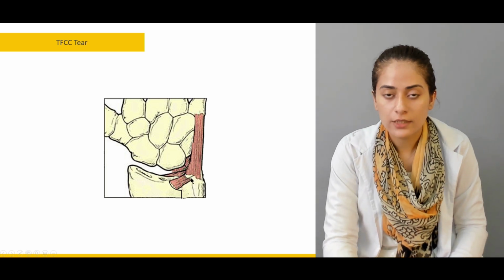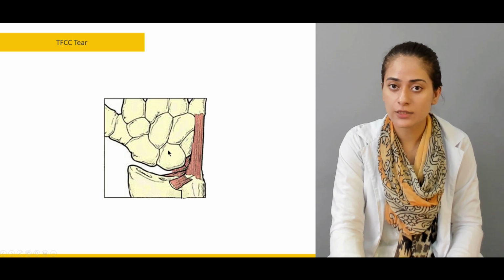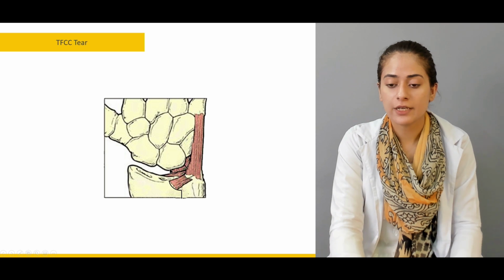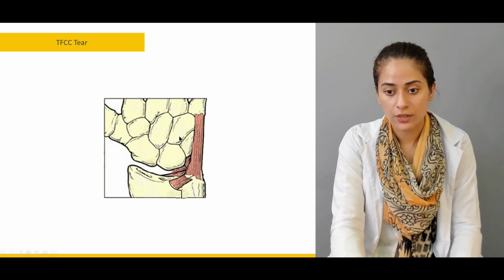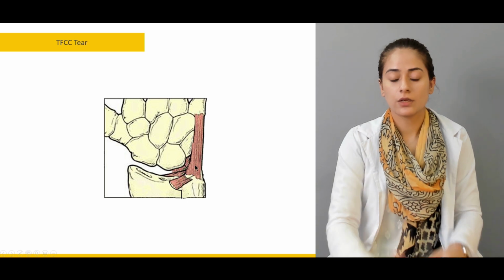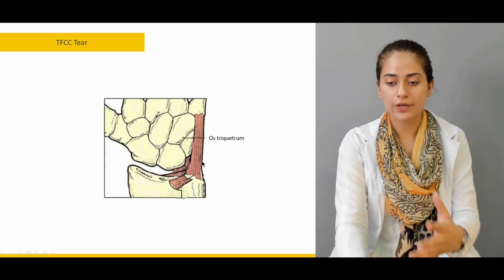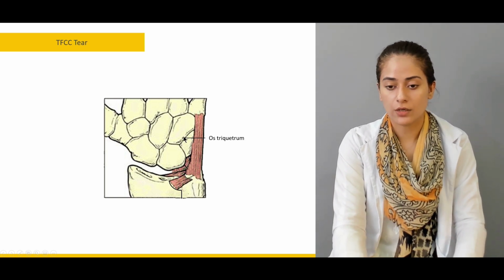So the ulna attaches to the lunate, forming the ulno-lunate ligament, which is the 3rd TFC complex ligament, and then it attaches to the triquetrum here. So that is the ulnotriquetral ligament.